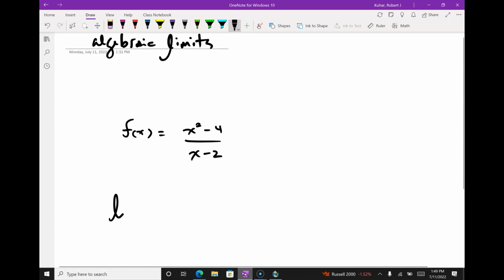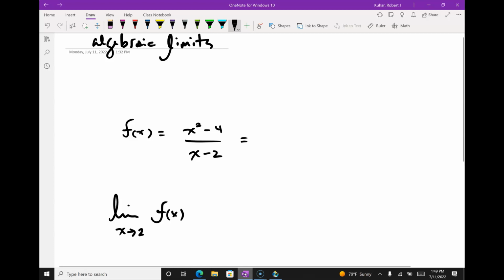So I'm interested in the limit as x goes to 2 of f of x. But what I'm going to do algebraically, and there's 3 situations for us: factoring, conjugates, or, don't tell me, LCDs. Factoring, conjugates, and LCDs. Those are the only things we're going to have to do algebraically.